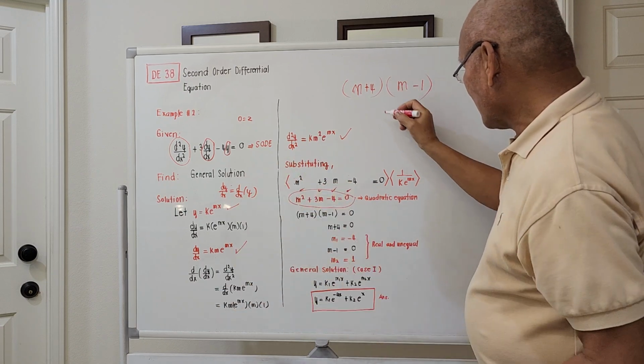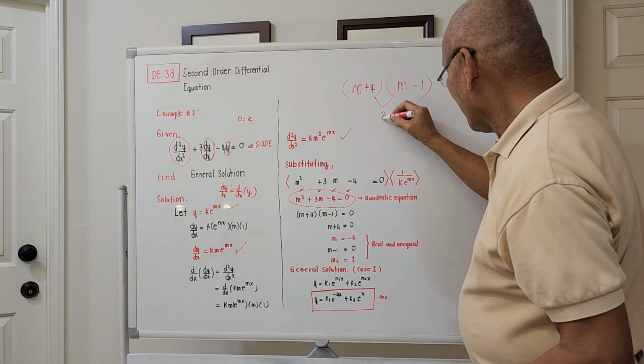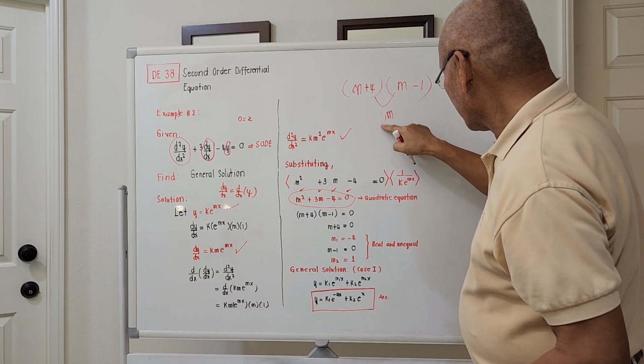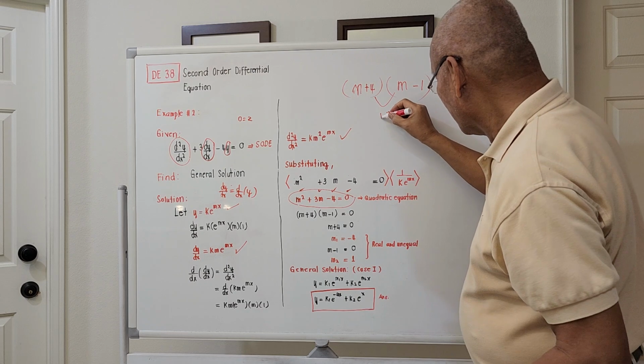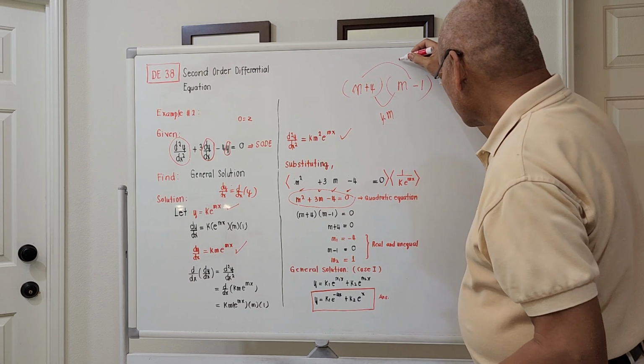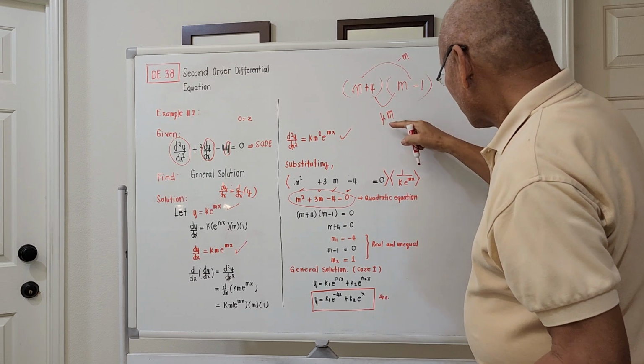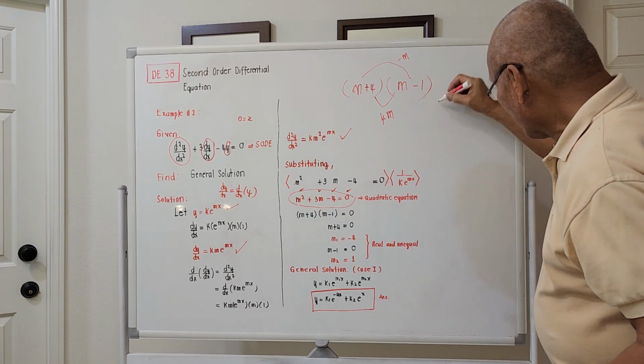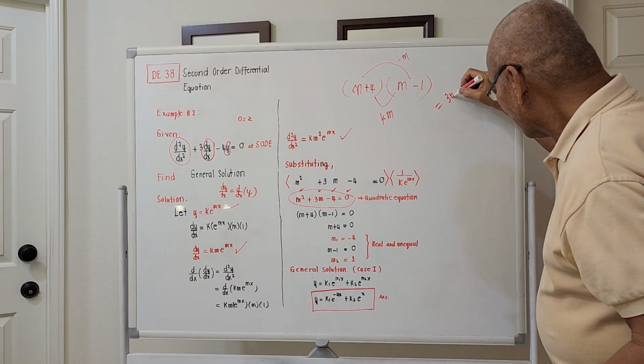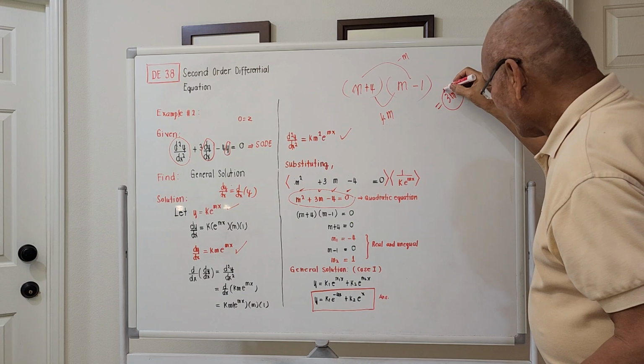Because if we check the middle term, this is 4m and this is minus m, so 4m minus m will be equal to 3m. And that is the middle part.